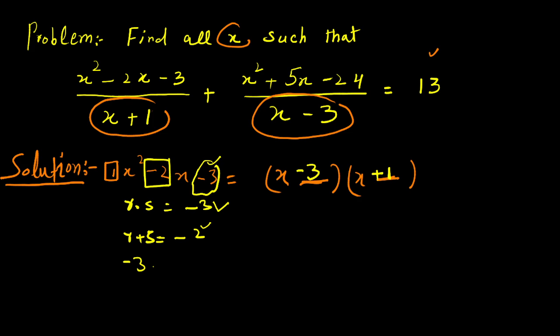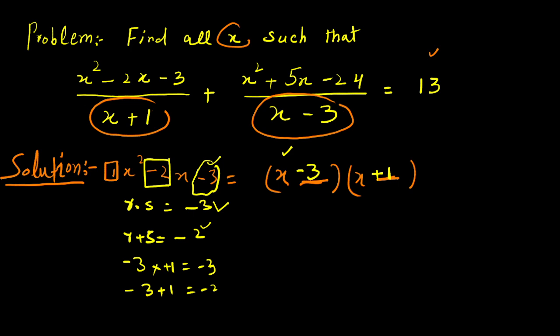Minus 3 plus 1 is equal to minus 2. Sorry, this is minus 3. Okay, minus 3 times 1 is minus 3. So you got two binomials, x minus 3 and x plus 1, whose product is this quadratic.